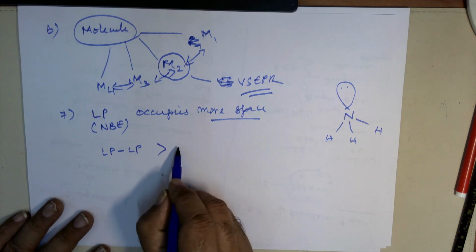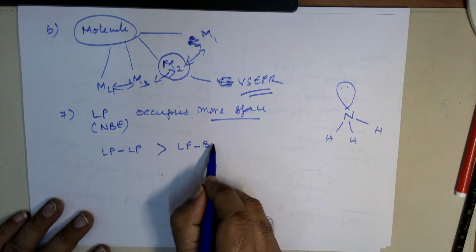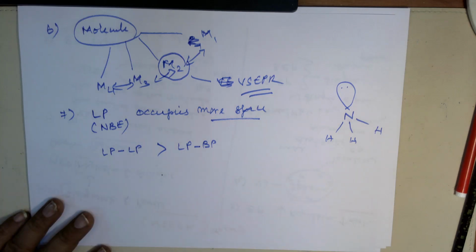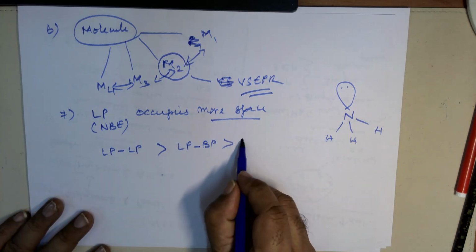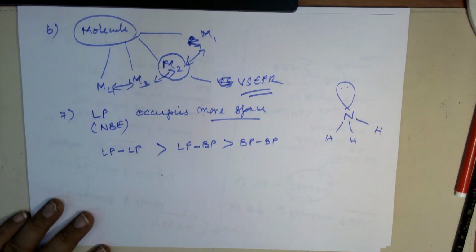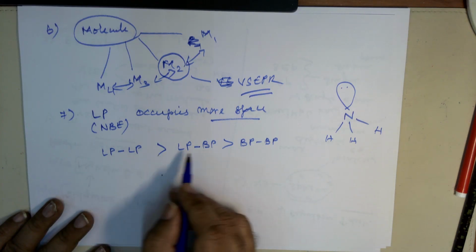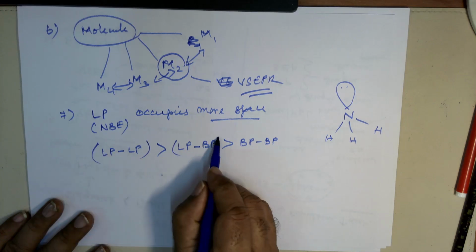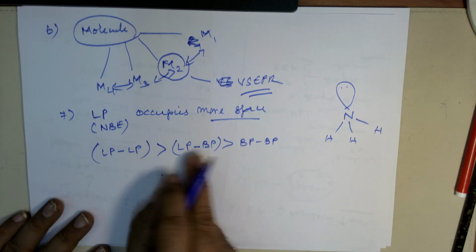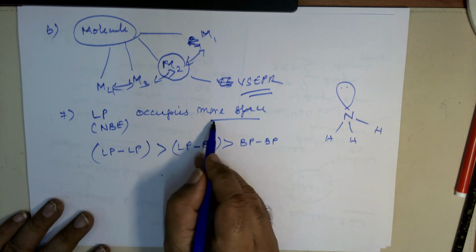And the lone pair to bonded pair. Then it is a bonded pair to bonded pair repulsion. So it is simply represented: LP-LP repulsion is more than that of LP-BP, because it needs more space.